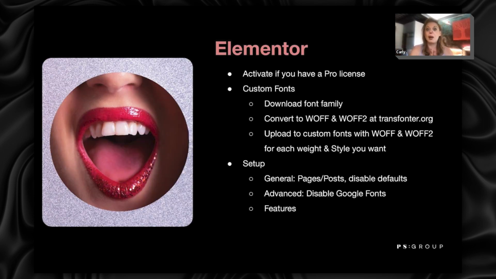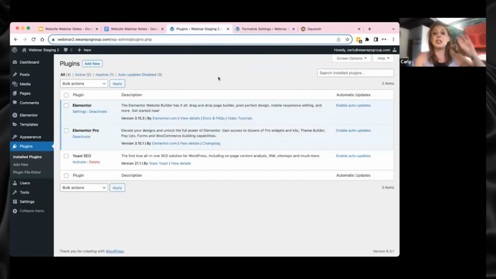Okay, we're going to get into how to set up Elementor, how to use it, all of that. I have installed Elementor on a different staging environment, just for ease. If you get it on your own, you want to activate the Pro license. You have to install both Elementor and Elementor Pro.